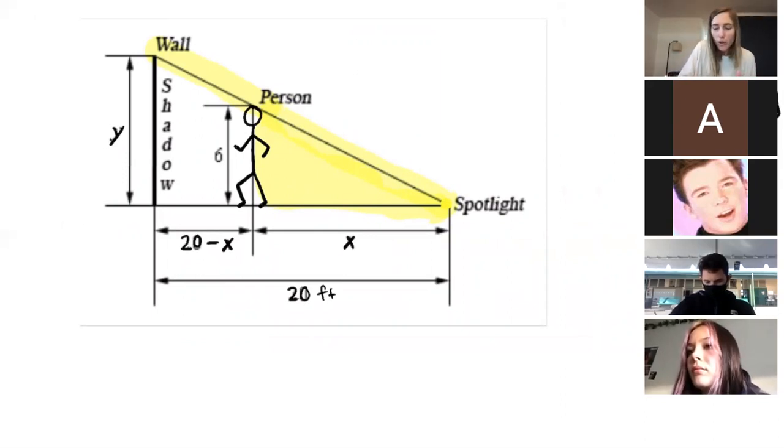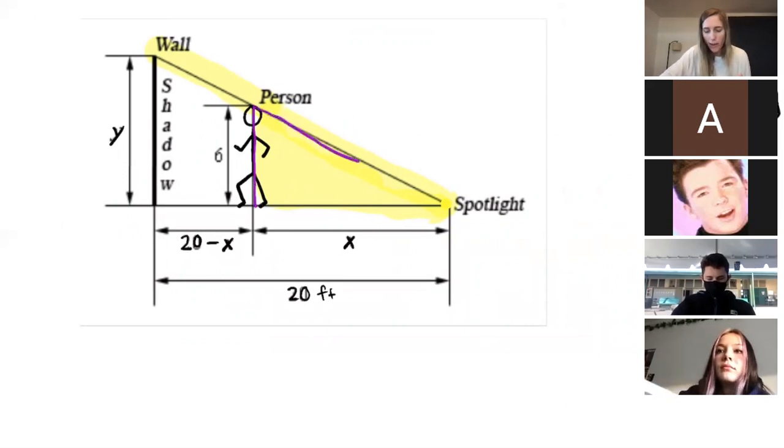And I want to show you guys that there are 2 different right triangles that can be drawn. So there's this smaller right triangle that's created from the person and the spotlight shining. And then there's a right triangle with the wall and the shadow and the spotlight.